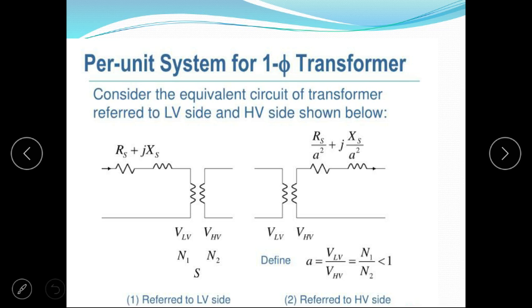Let me consider a single phase transformer, turn ratio is N1 and N2, power is S, voltage on the low voltage side is VL and high voltage side is VH, and the transformer is considered as a step up transformer.